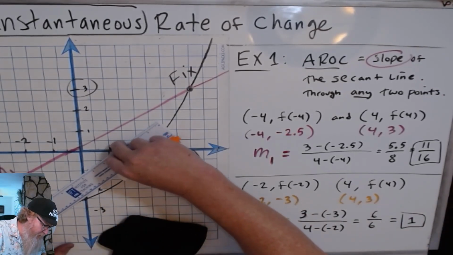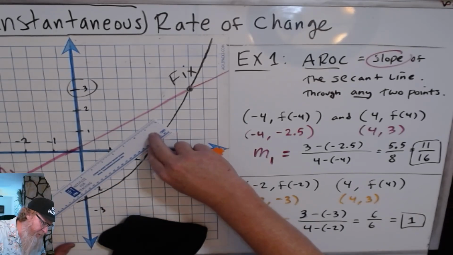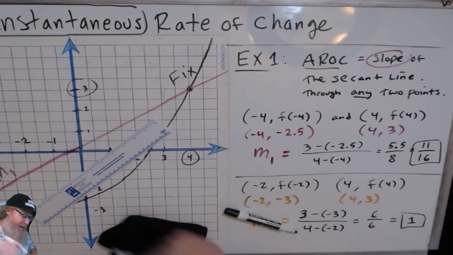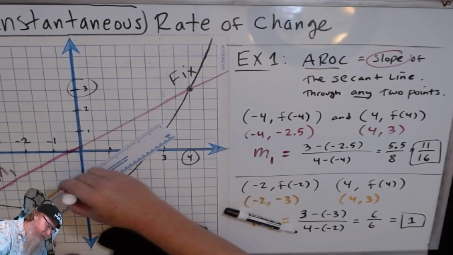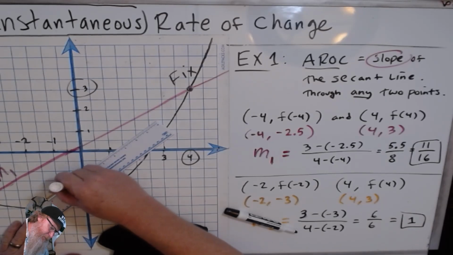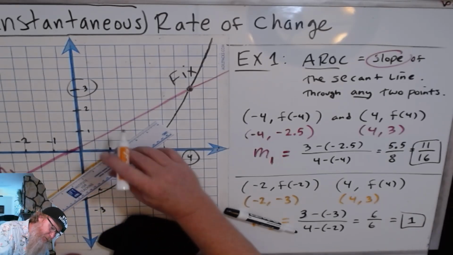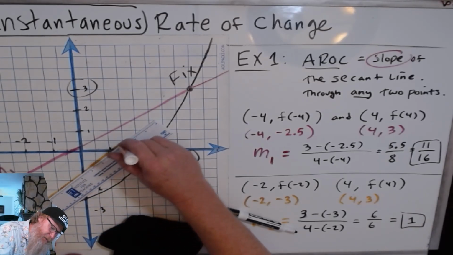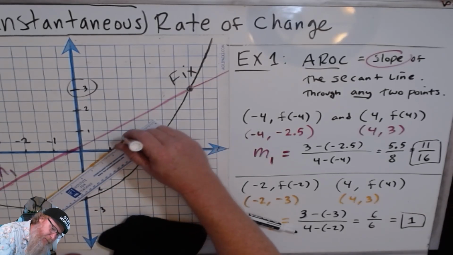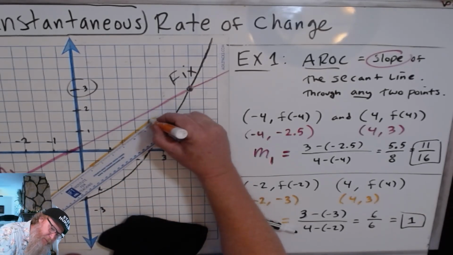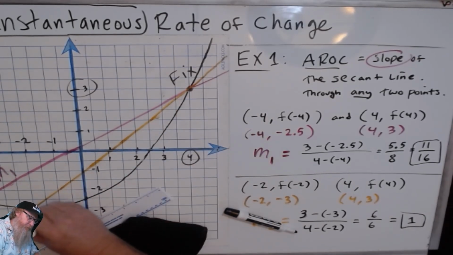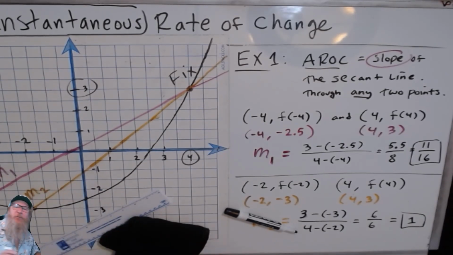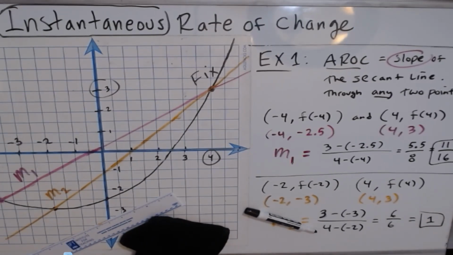Well, that's easy to draw. A slope of 1 is a perfect diagonal through every box, just goes through the corner of every box until I arrive at this point. So that's M2.